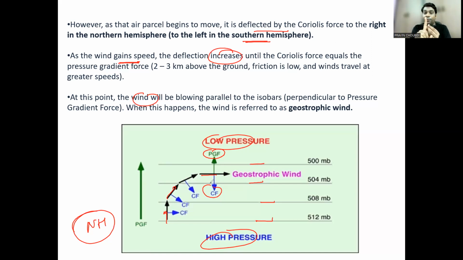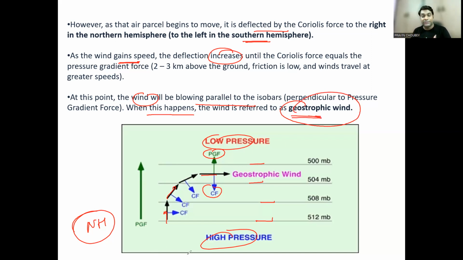They are acting opposite to each other, and in this case the resultant wind is blowing parallel to the isobar, and this wind is called a geostrophic wind. So at this point, the wind will be blowing parallel to the isobar, perpendicular to the pressure gradient force. When this happens, the wind is referred to as geostrophic wind.